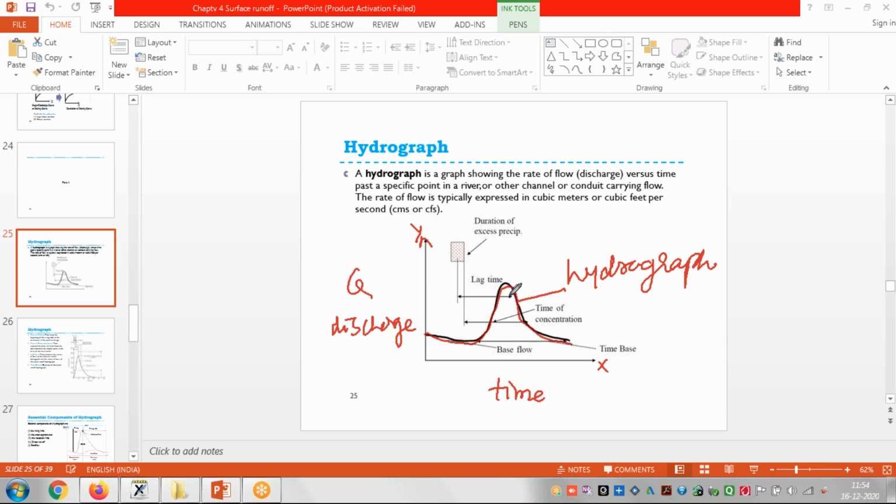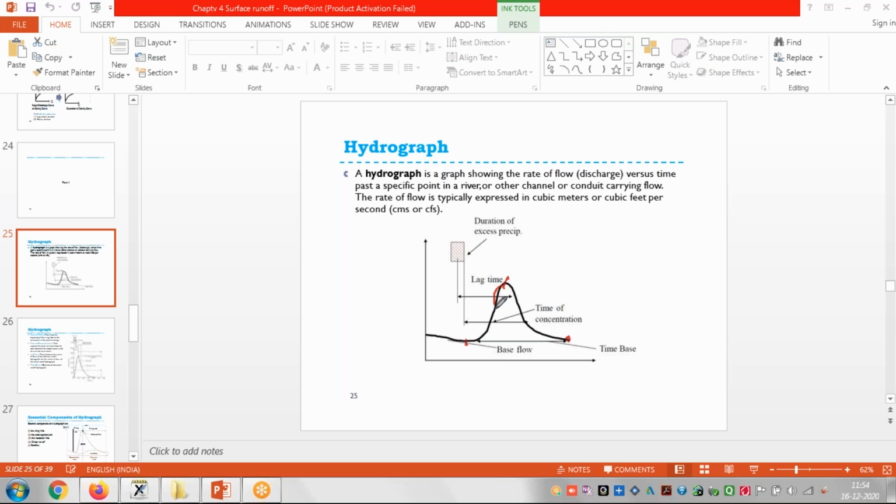These components you can see here. When the discharge is collected, it starts and reaches its highest level, and then it goes down again.